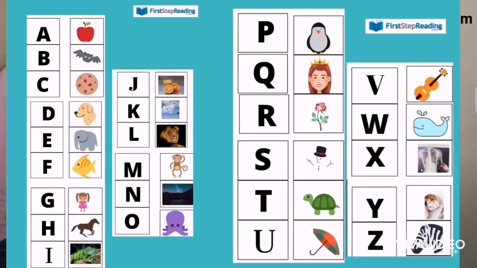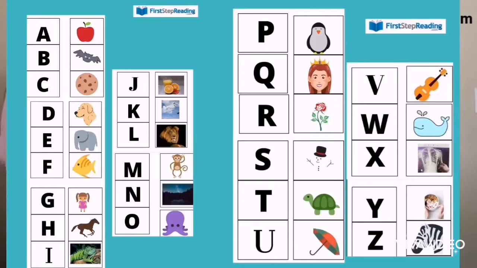The F says f. Like dog, elephant, and fish. The G says g. The H says h. The I says i. Like girl, horse, or iguana. The J says j. The K says k.